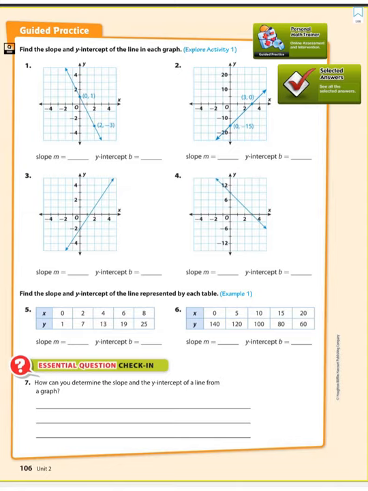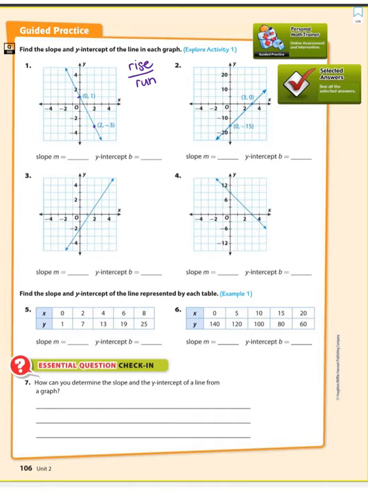So in your guided practice, instead of giving you a table, it's giving you a graph. And if you remember, we have 2 points right on the graph, and we do rise over run to find our slope.